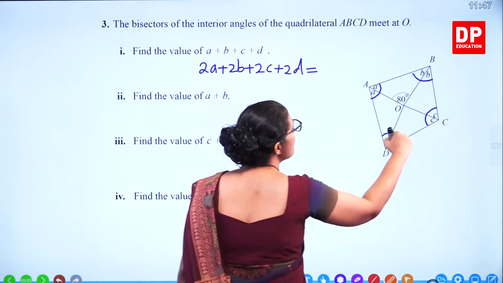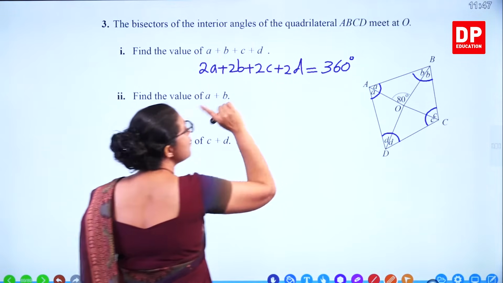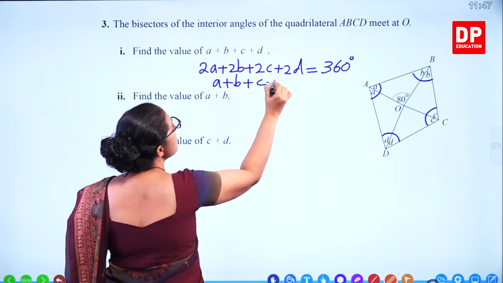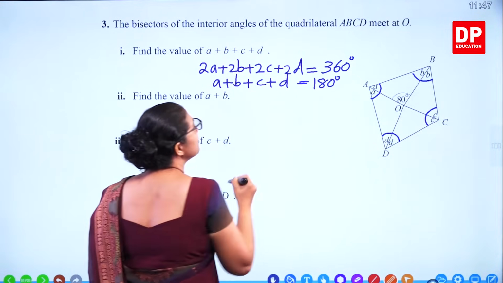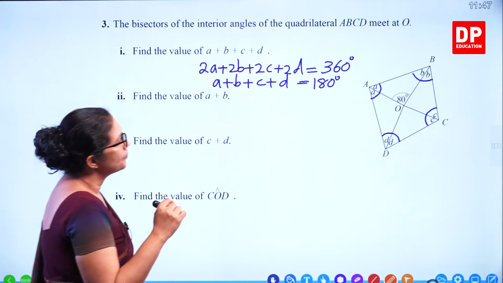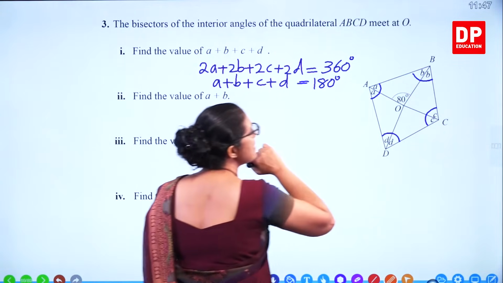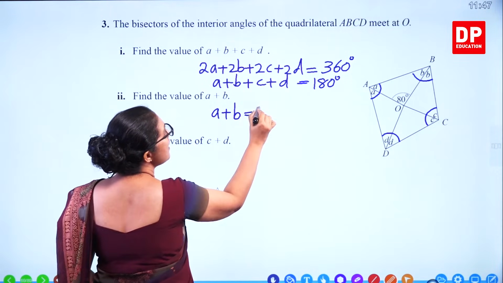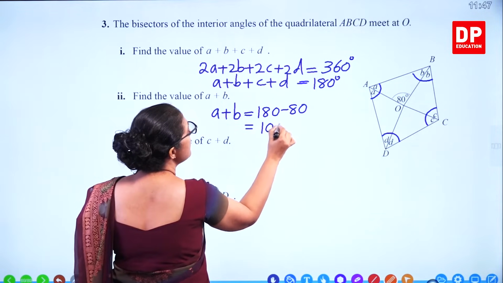This is a quadrilateral, that's 360. Divide everything by 2, you get A plus B plus C plus D equals 180. Find the value of A plus B. Where's A plus B? You can see A plus B and 80 is there. So A plus B is 180 minus 80. That's 100 degrees.